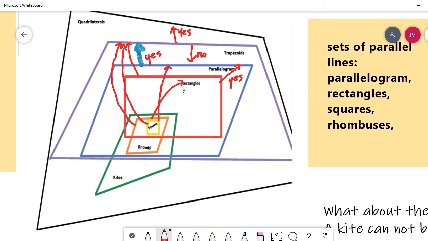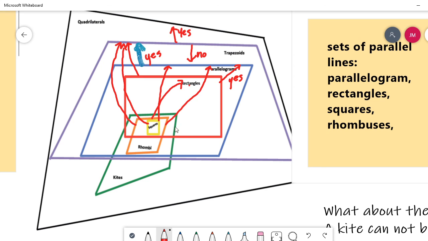And the answer is yes. Can a rectangle be a square? No. All right, this is a rhombus. Can a rhombus be a parallelogram? And the answer is yes, it has two sets of parallel lines. Can a parallelogram be a rhombus? And the answer is yes.